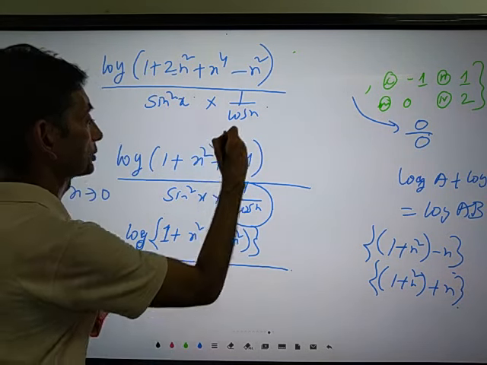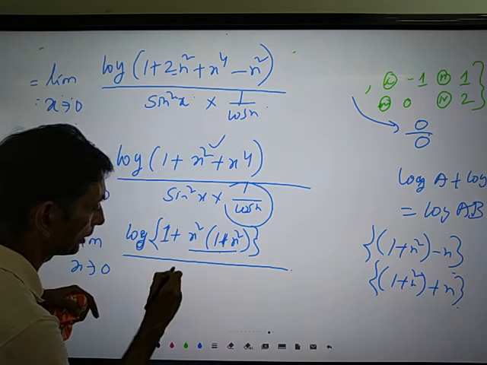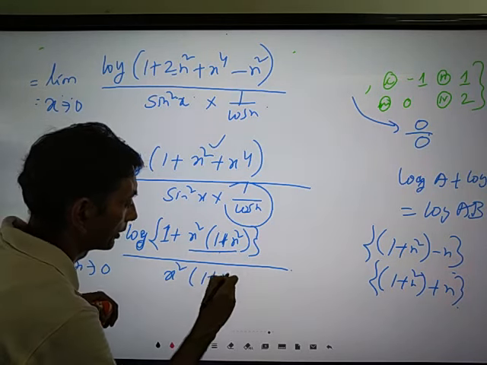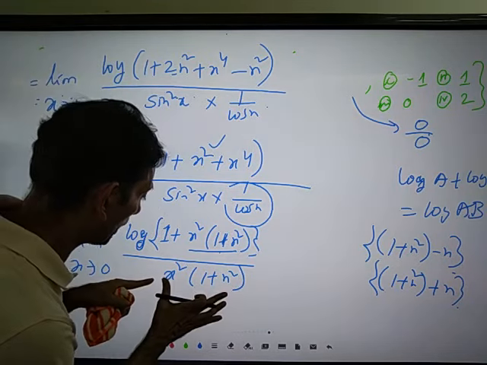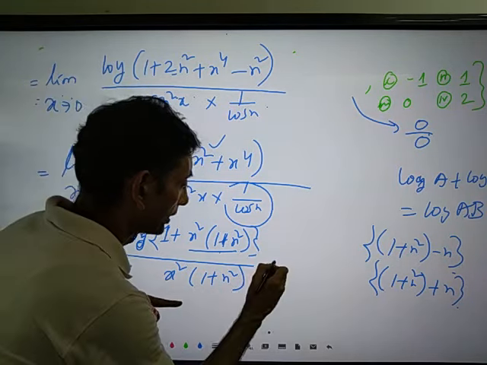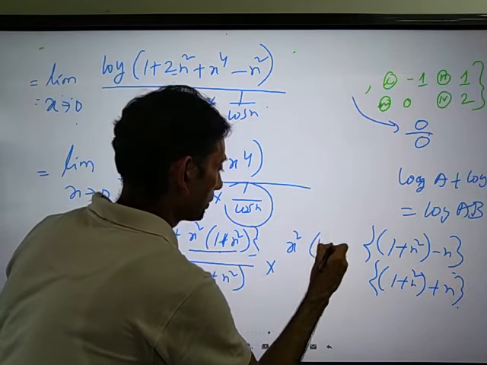That means I have taken x square common from there. So what I am going to do is introduce in the denominator x square 1 plus x square. In case I manipulate the denominator by multiplying x squared 1 plus x squared, the same term I need to write in the numerator, that is x squared 1 plus x squared.